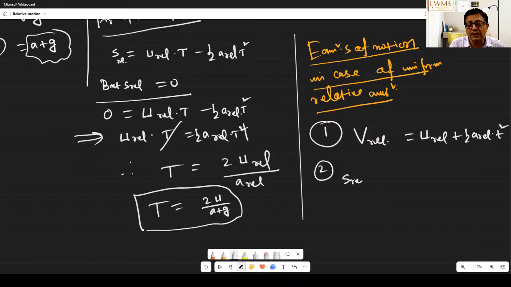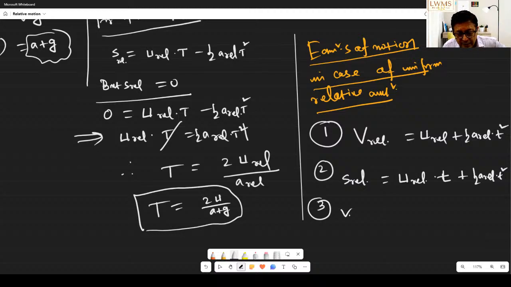S relative equals u t plus half a t square, so it will be U relative into t, small t, because for time of flight we take big T, plus half A relative into t square.